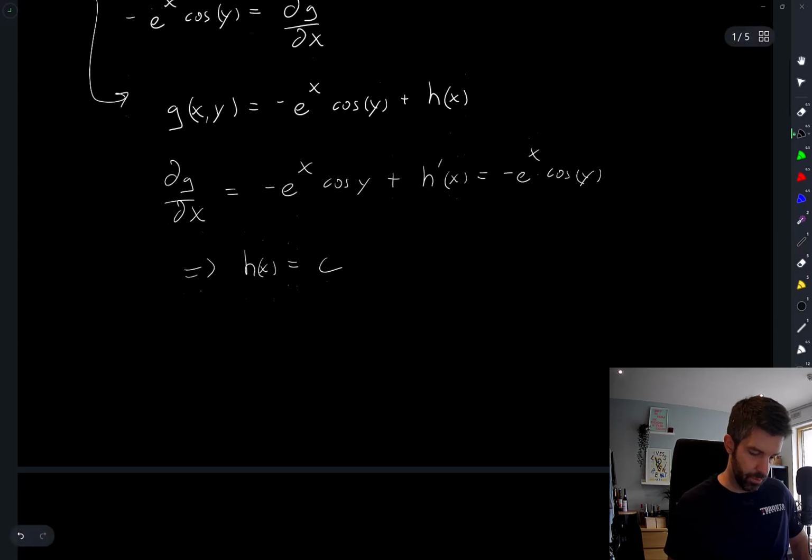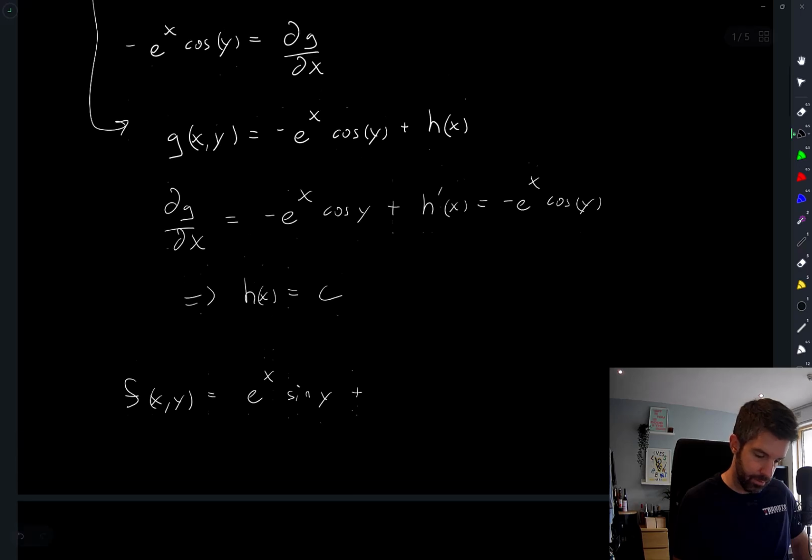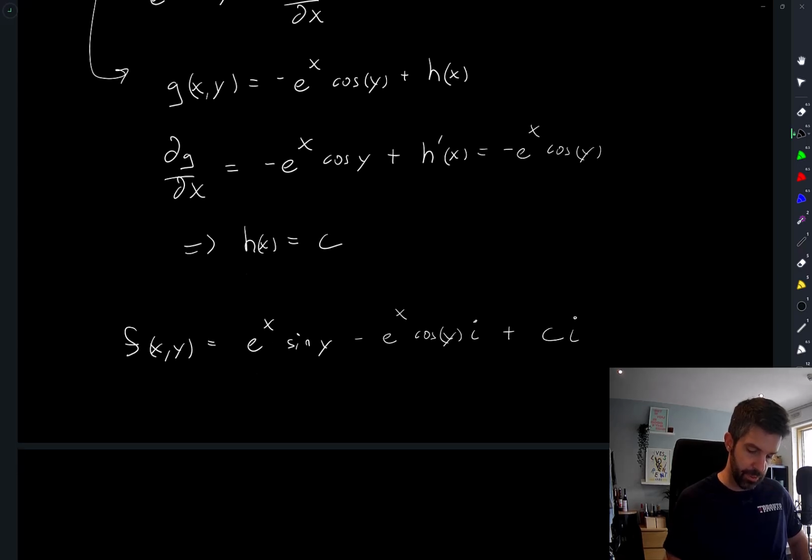Okay, so at the end of the day, we have f of x y is equal to e to the x sine y minus e to the x cos y times i plus some constant c times i.